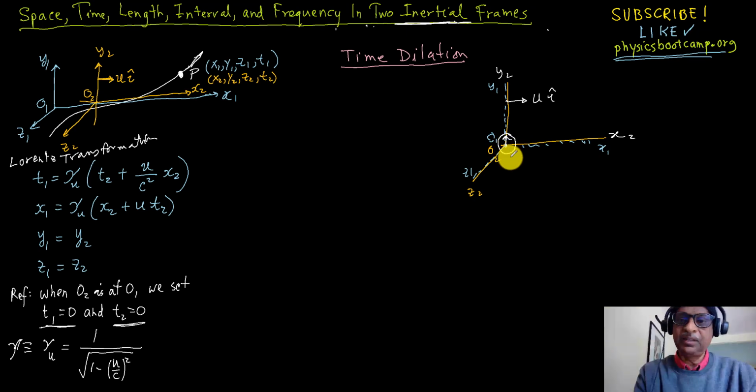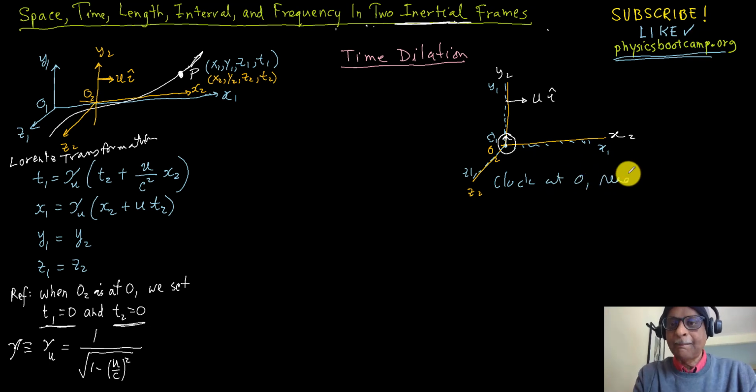So at this instant, let's call this incident, say A, the clock at O1 reads T1 equal to 0 and T2 equal to 0.